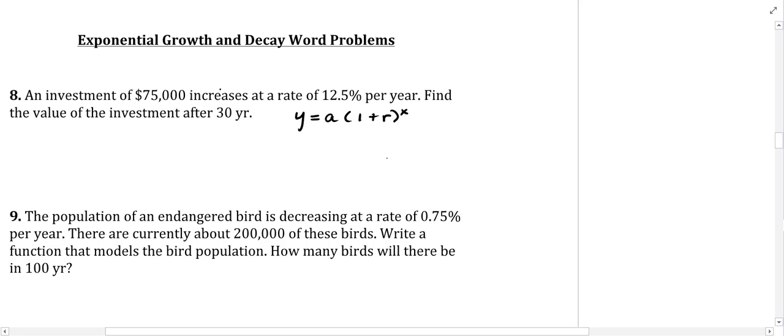And this is repetitive because I want you to memorize it basically. a is going to be equal to 75,000. The rate is 0.125, raised to the x. And we want to know the value of the investment after 30 years. So we know that x is going to be 30. So we have to plug this into the calculator.